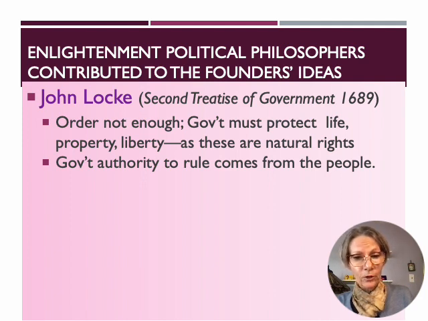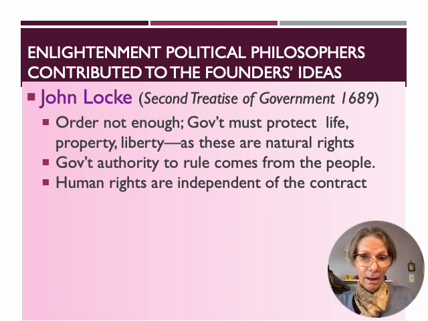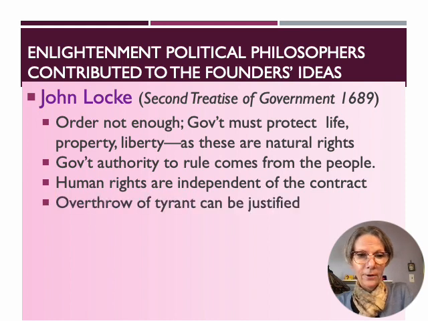And if you fail to do that, then you lose your legitimacy. You lose your authority, because the people are the ones that have that authority. The government's authority comes from the people. And as I said, the human rights are independent of that contract, right? It's not like, oh, the contract's null and void, now you don't have any of those rights. No, it comes from something beyond that human government contract, okay?